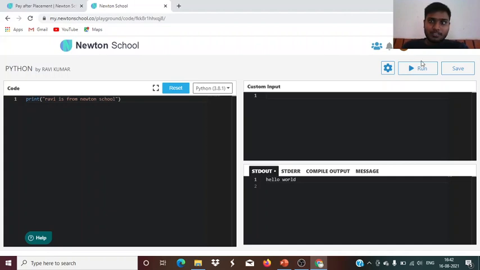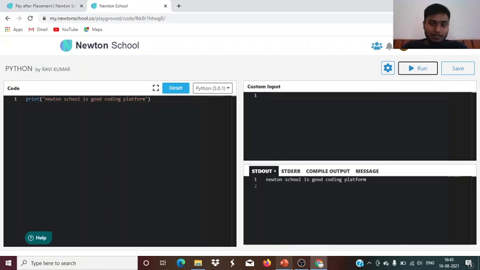Next, print Newton School is a good coding platform. We can run it and we get the output as Newton School is a good coding platform.